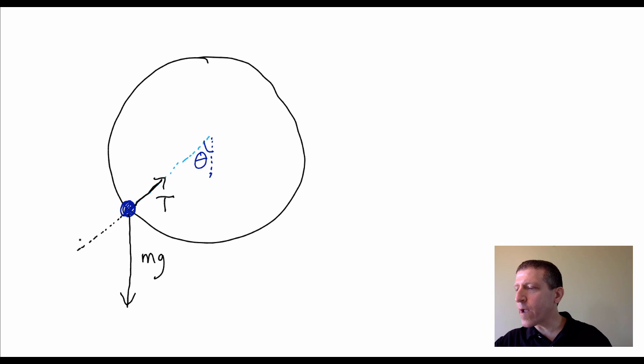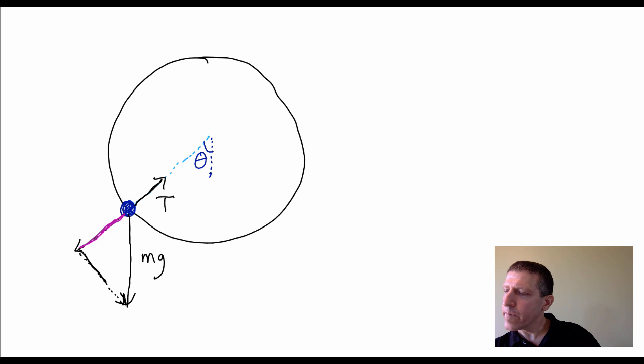That's one component of gravity. And the other component of gravity has got to be a tangential component. Notice I'm dividing it up into radial right here and tangential right here. So these are not separate forces. These are just breaking up the force of gravity into its components.